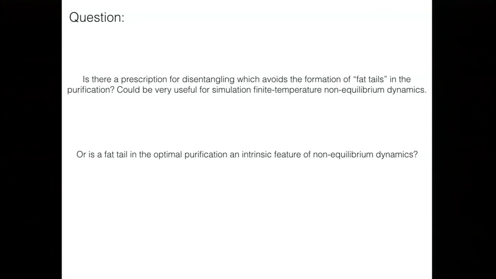Or could it be that this is real physics, that the true entanglement of purification and the true optimized purification, when you're doing these non-equilibrium quenches, may actually have fat tails in the entanglement spectrum. So we'll need new theoretical tools, I think, to be able to see which of these two possibilities is occurring.